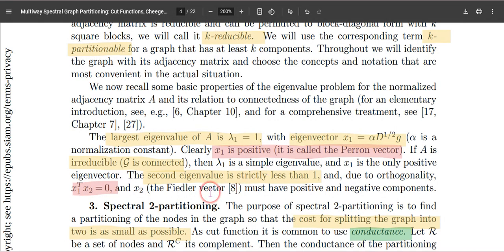The second eigenvalue should be strictly less than 1, because lambda 1 is the largest eigenvalue. Due to orthogonality, the first eigenvector and second eigenvector are both orthogonal, so that their inner product is 0. So x2 is called the Fiedler vector and x1 is called the Perron vector.